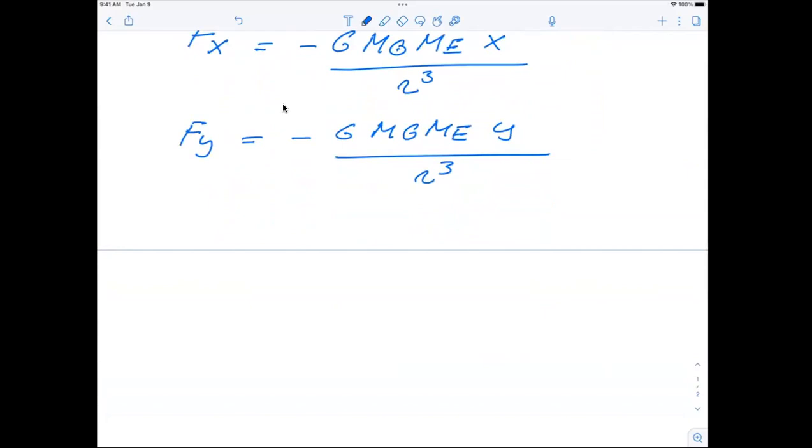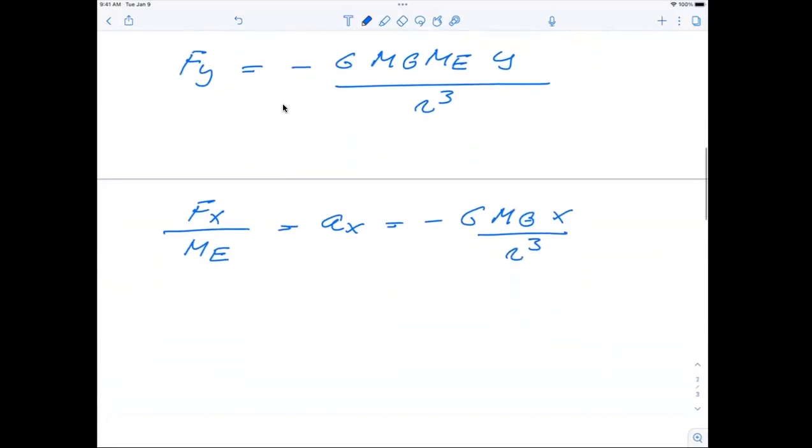So we would get f of x divided by the mass of the Earth, and that gives us the acceleration a of x. We would get minus G times M, and then x divided by r cubed. And this is again the same as dvx/dt.